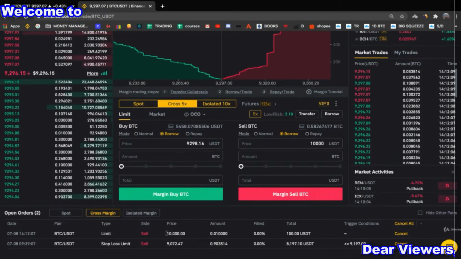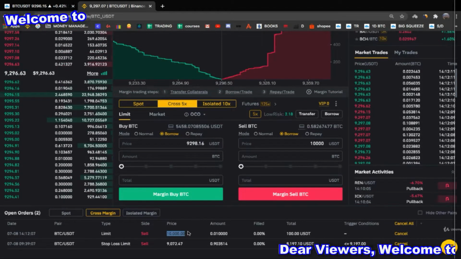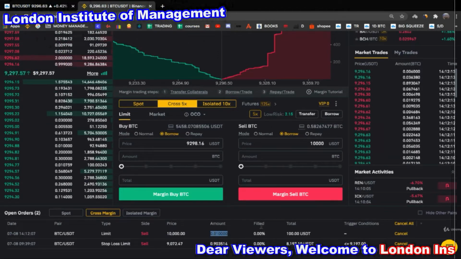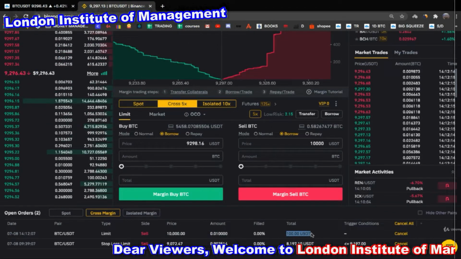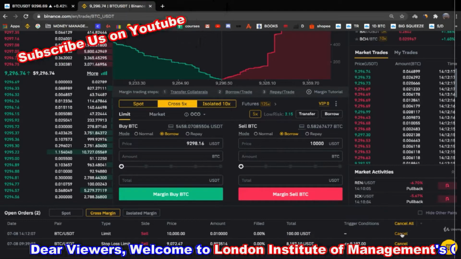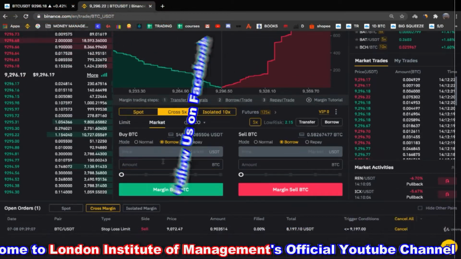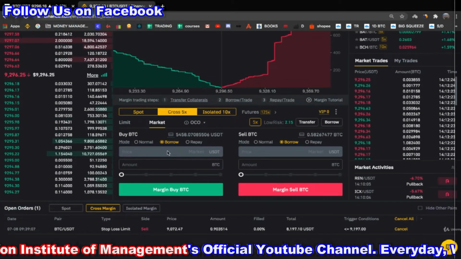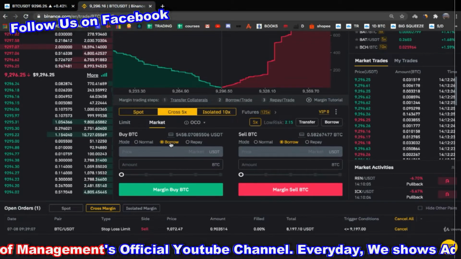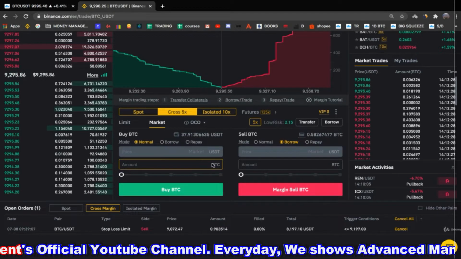Bam, at $10,000. If the price came to this price, the order to sell Bitcoin at $10,000 will be executed. So this is the limit one. The market one I already explained to you. This is why you don't set a price here, because the order will be executed at the current price.